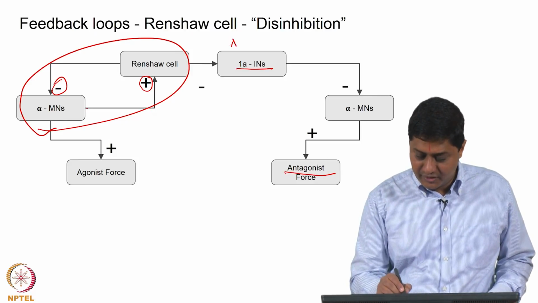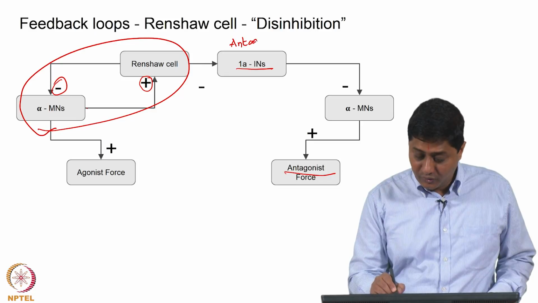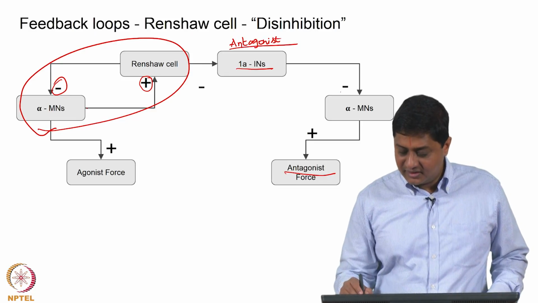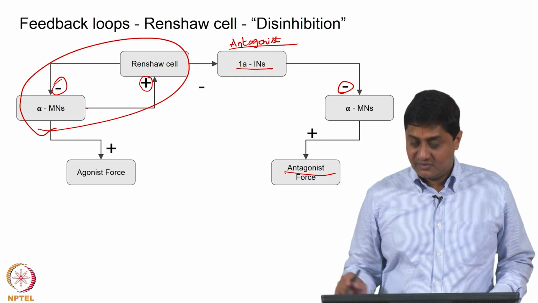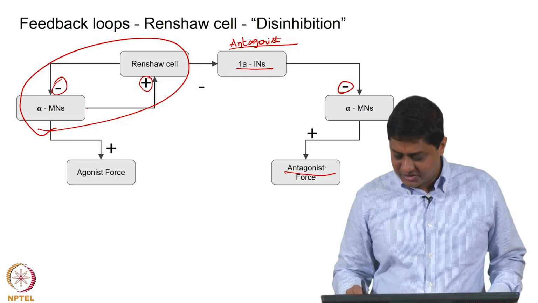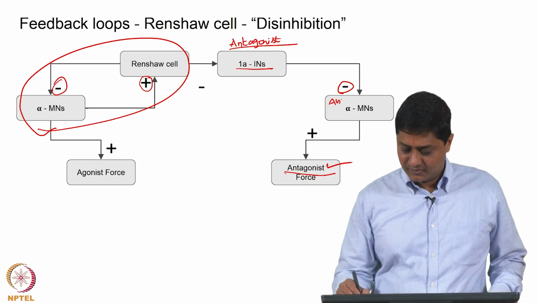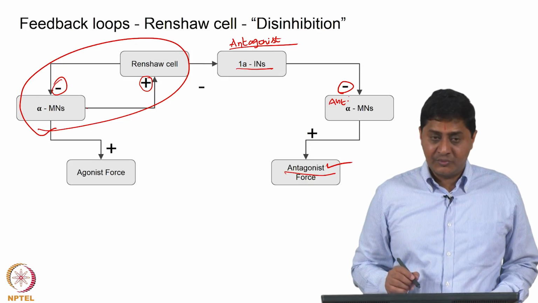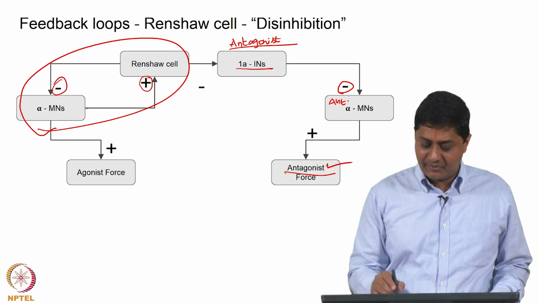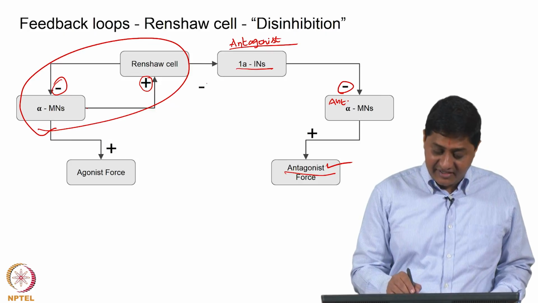This is which 1A interneuron? This is the antagonist 1A interneuron. This antagonist 1A interneuron is inhibiting the alpha motor neuronal pool of the antagonist. That pool's activity itself is inhibited.